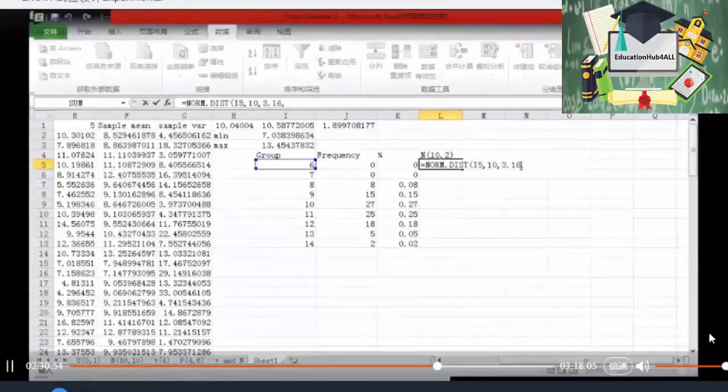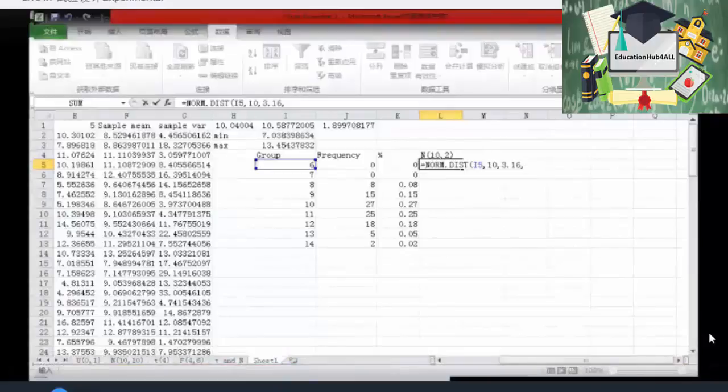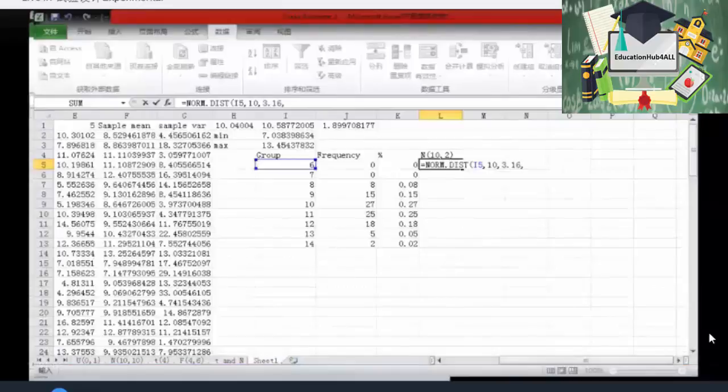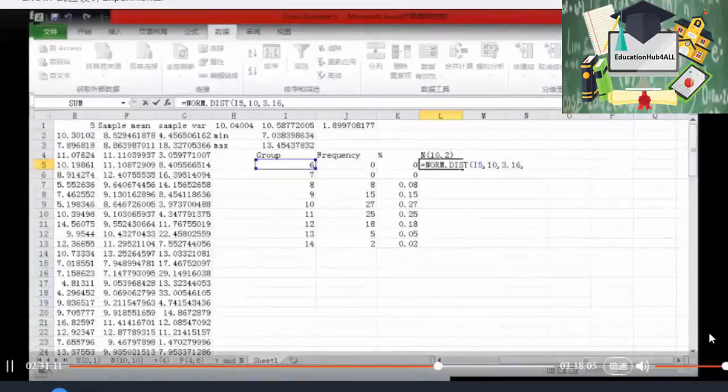Here, what should we use? We select true or false. True, what does the true mean here? So this is the normal distribution.